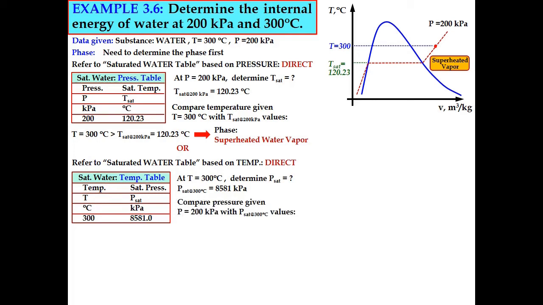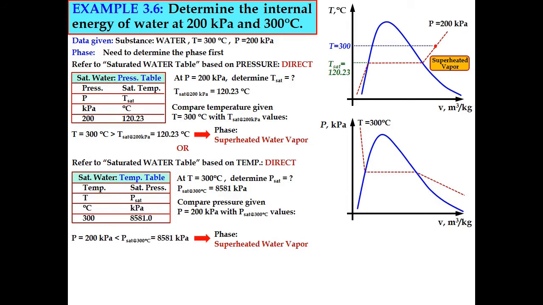We compare the pressure given, P equal to 200 kilopascal, with P saturated at 300 degrees Celsius. The pressure given of 200 kilopascal is lower than P saturated at 300 degrees Celsius.